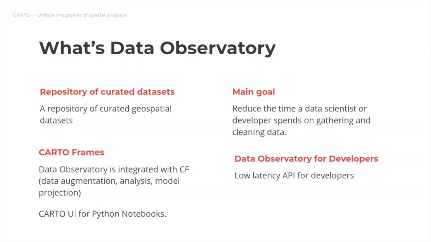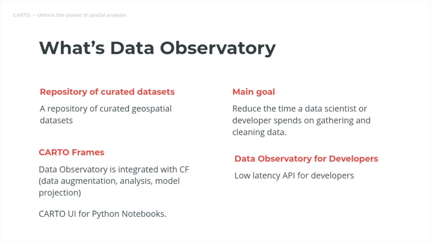Right now, the process is 80% gathering and cleaning the data, and 20% processing and investing time in the data. That is what CARTO wants to reduce. We want to flip the numbers: spend only 20% of the time gathering and cleaning the data, and 80% doing more useful things with the data.